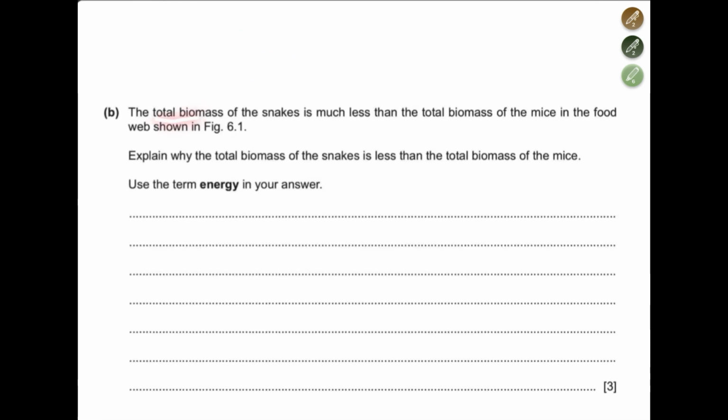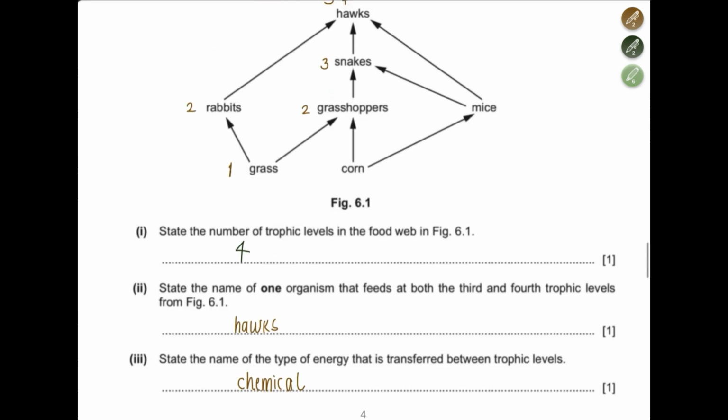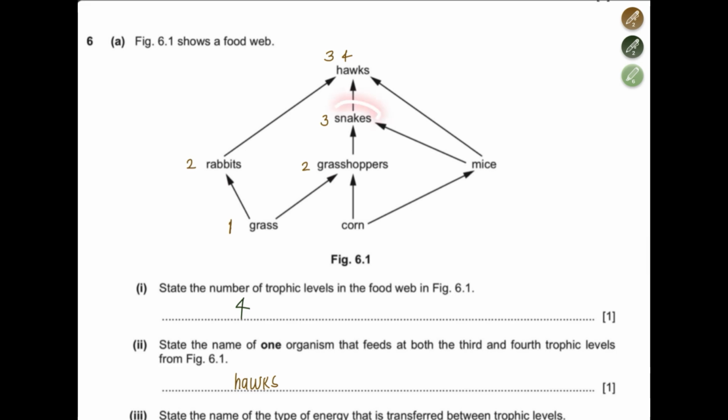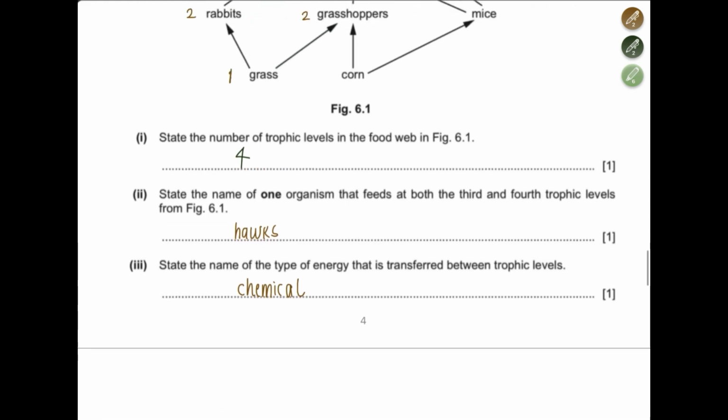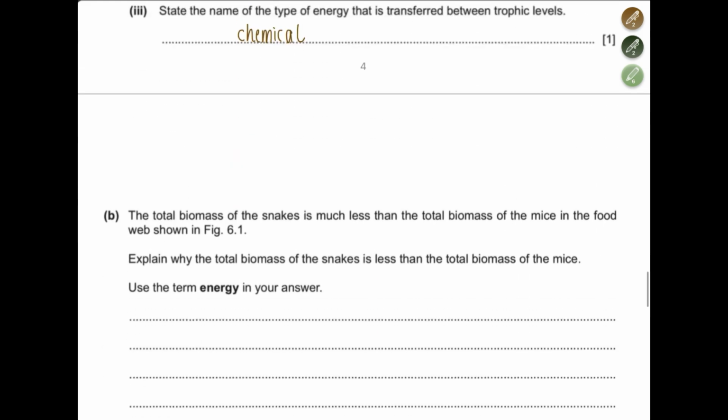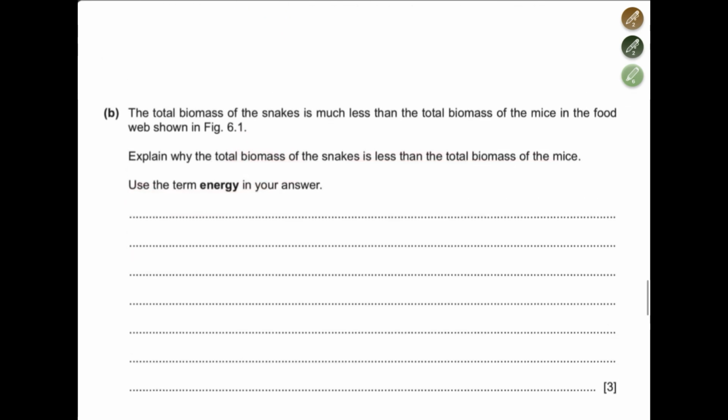Now it says that the total biomass of snakes is much less than the total biomass of mice in the food web as shown in the figure. So you have snakes and you have grass. The total biomass of snakes is much less than the mass of grass. Okay, in this video we did not explain or talk about biomass, but let's try to attempt this question anyways. Use the term energy in your answer.